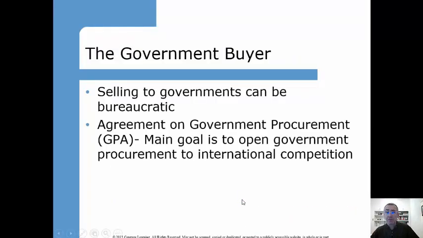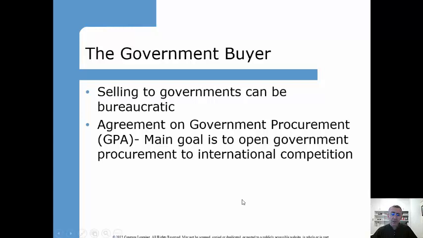Selling to the government can be very bureaucratic. When I worked in the computer industry, that's what I did. I sold computers and different solutions to the government. My main client in Sacramento was the U.S. Department of Justice, and the two contracts that I worked with were the GSA contract, which is a federal contract, and the CMAS, which is a state contract.